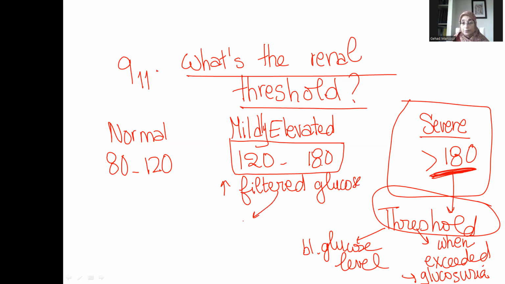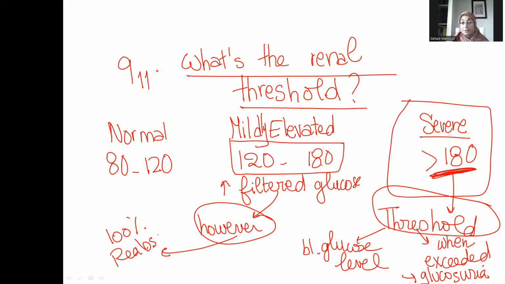But however, and despite this, there will still be 100% reabsorption. This means that the kidney can cope with increased loads of filtered glucose as long as the filtered glucose comes from a blood level of glucose that is between 120 and 180. It's true that the blood glucose level is elevated above 120.